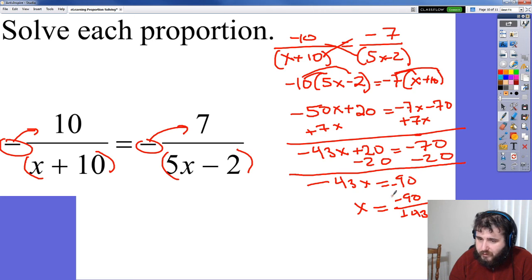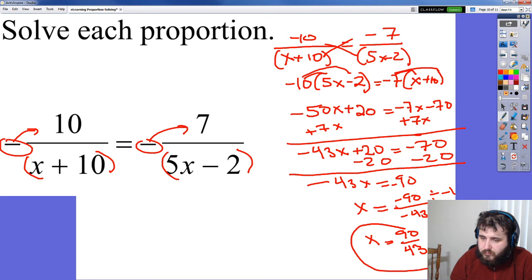So the only thing that we can worry about is the minus signs, which we can divide by negative 1 to the top and bottom and get our answer of 90 over 43. Final answer.